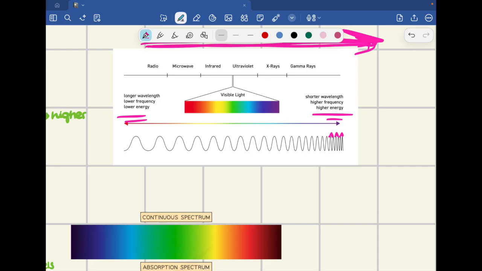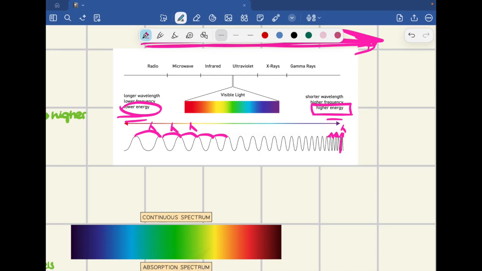Wavelengths are basically the distance between two peaks of the waves that are created. As we can see here, when energy is low, the wavelengths are huge, but they're getting smaller as energy is getting higher, right?